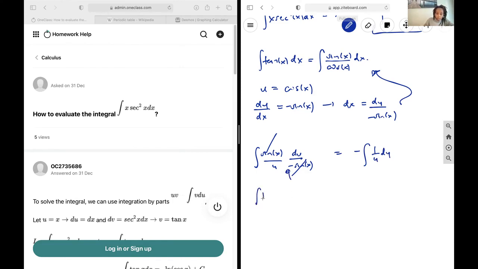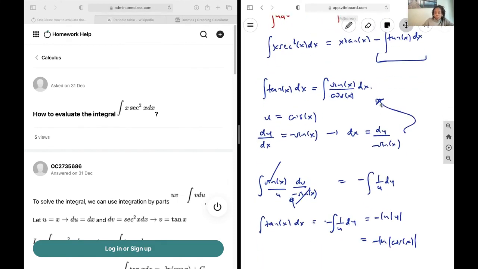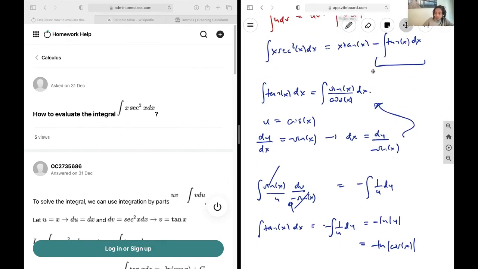And so the integral of tan x dx is equal to the negative integral of 1 over u du. This is going to be negative ln the magnitude of u. Then just put back in u, so negative ln the magnitude of cos x. And so now we're going to put that all back into our formula here. Negative of a negative is positive.